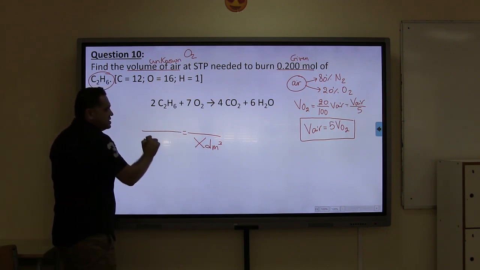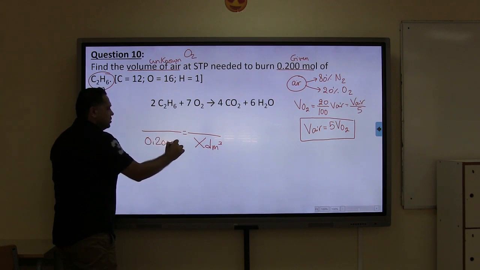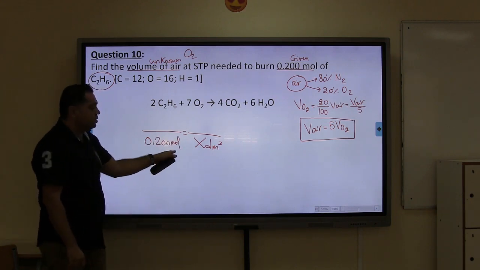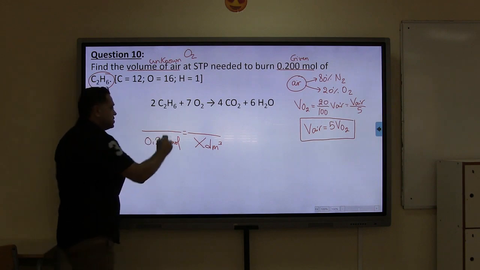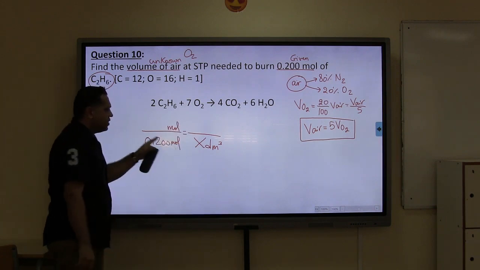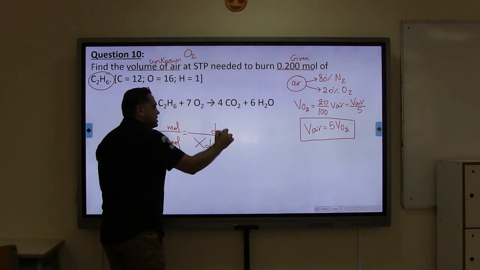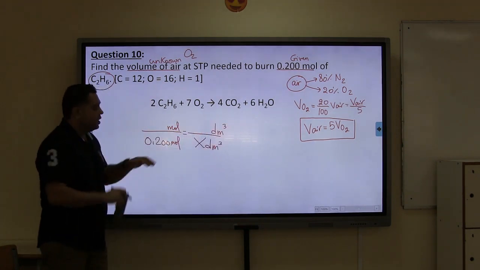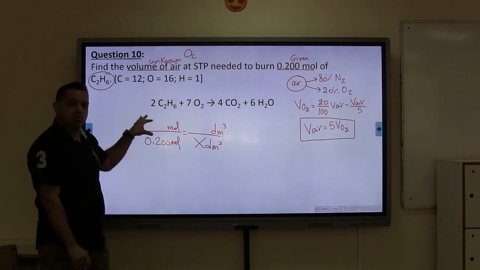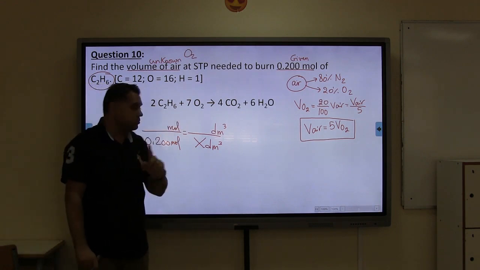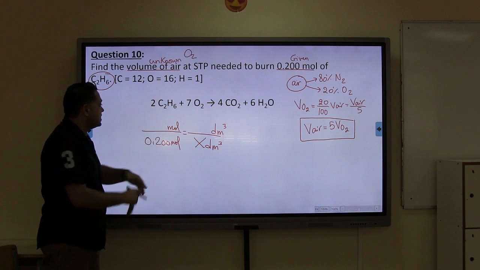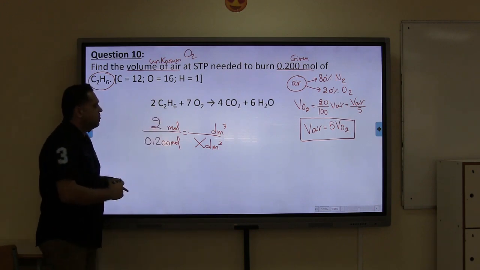So here I have 0.2 mole. If here I have mole, then the unit at the top will be mole. If here I have decimeter cube, then also at the top it will be decimeter cube. To get the most convenient ratio for the moles, we look only at coefficient. So the coefficient for C2H6 is 2. I will write 2.